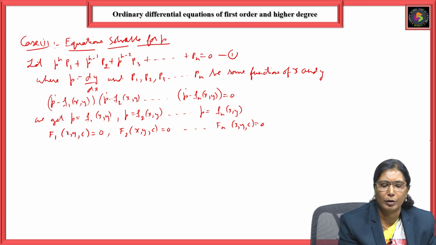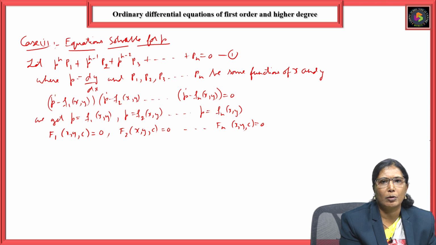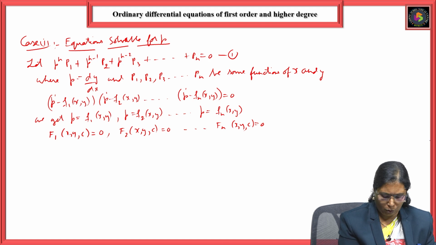We have only one arbitrary constant because the order of the differential equation is 1. To get the general solution, the number of arbitrary constants is equal to the order of the differential equation.